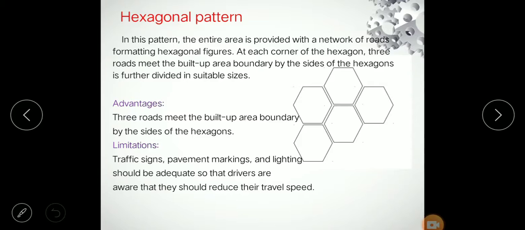Okay, so there are advantages of this. Three roads meet the built-up area boundary by the sides of the hexagon. As there are advantages, there may also be some limitations, like traffic signs, pavement marking, lighting should be adequate, such that the driver should be able to reduce the speed of his vehicle, ultimately to reduce the damage.